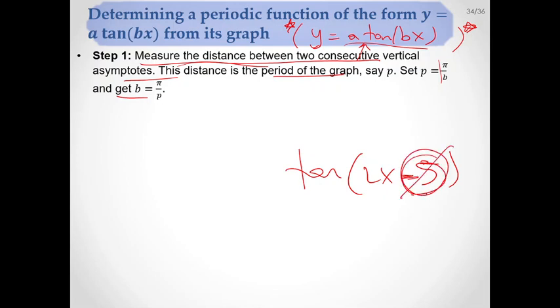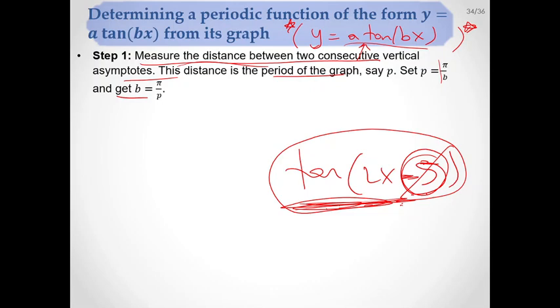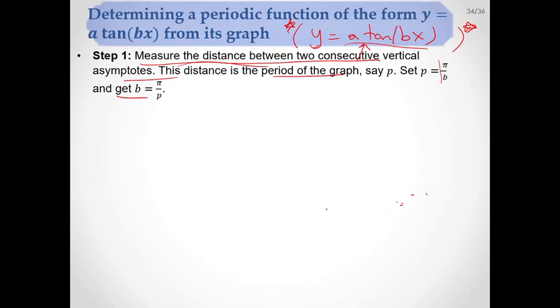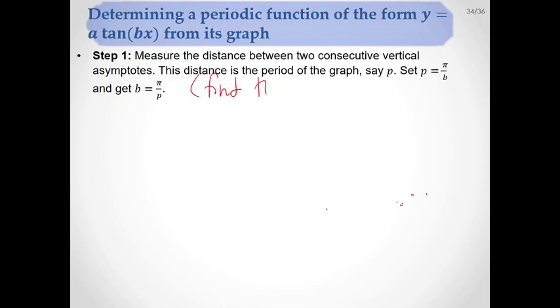We cannot find this type of function from just any graph, because we are teaching you for when the graph belongs to a function of this type. If we know the graph belongs to some tangent bx, first we find the period from the graph.